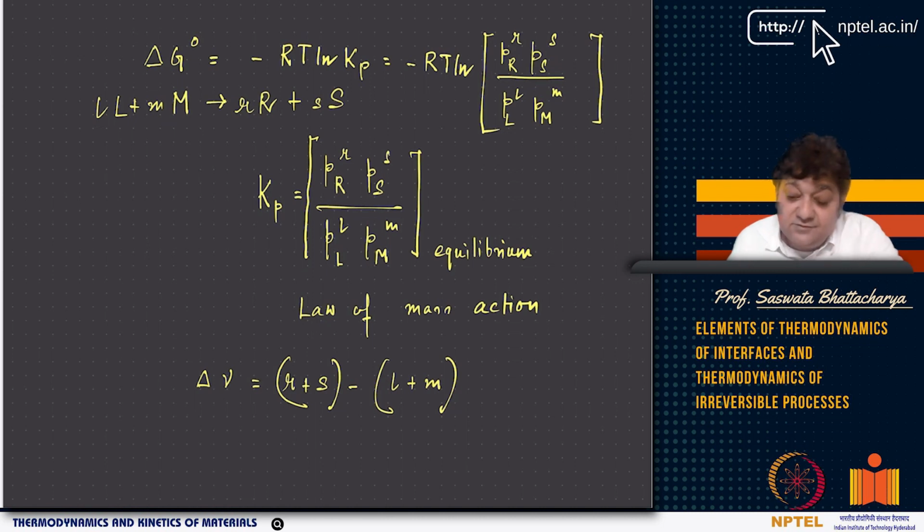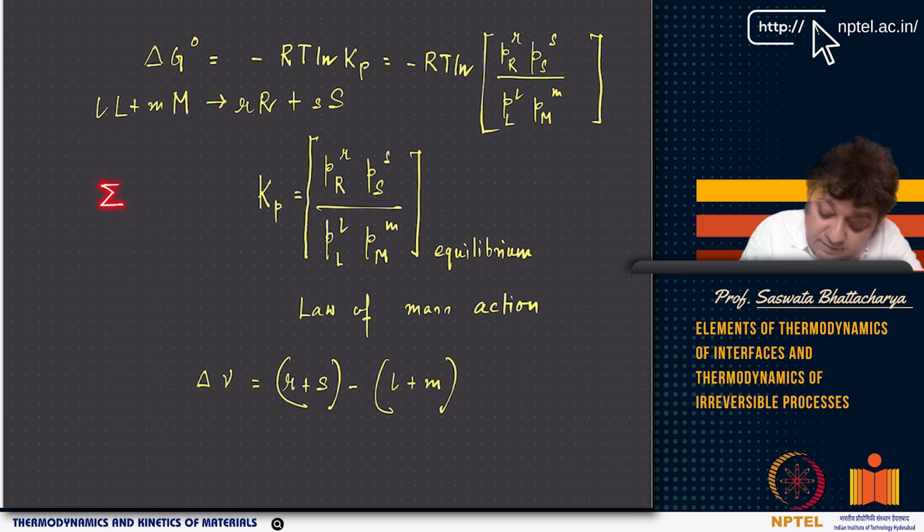So if you do the sum, this is the change in moles. Delta nu, the way we have initially introduced it, is the sum of nu i. Delta nu is nothing but the sum of nu i, for i equal to 1 to, say, C, the number of species.